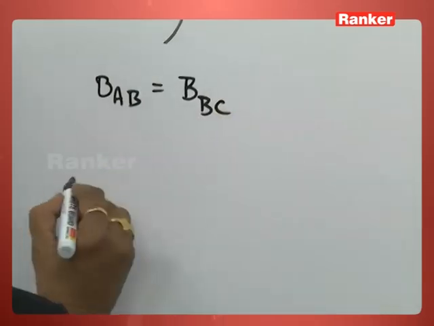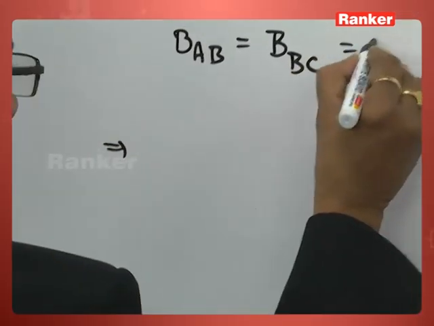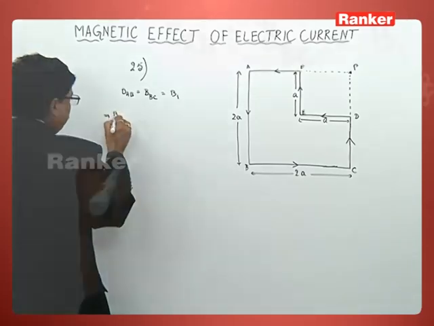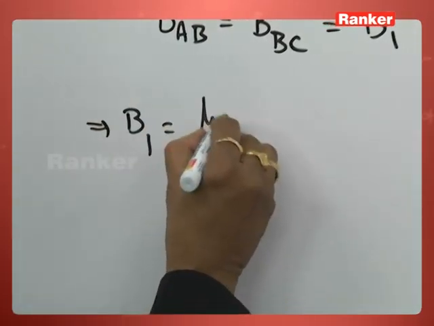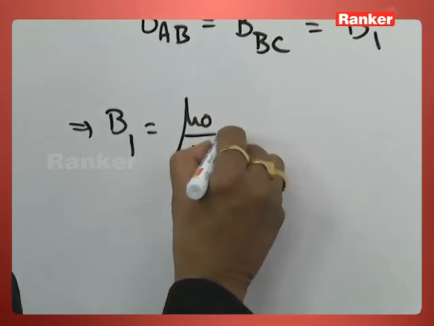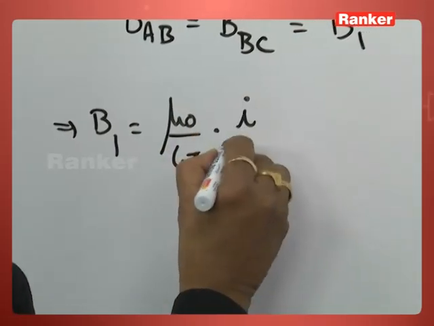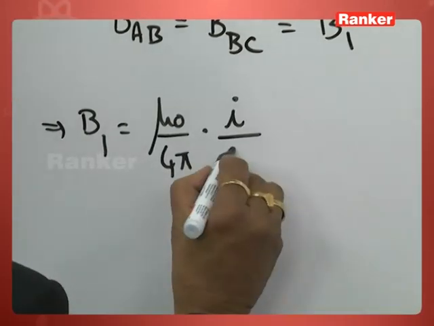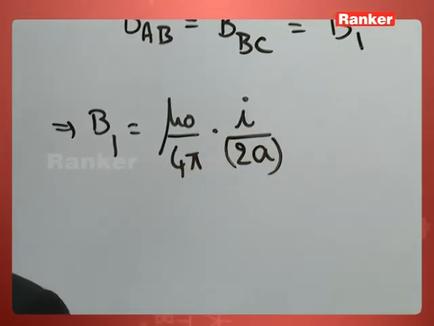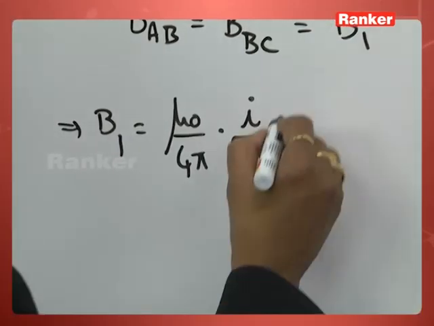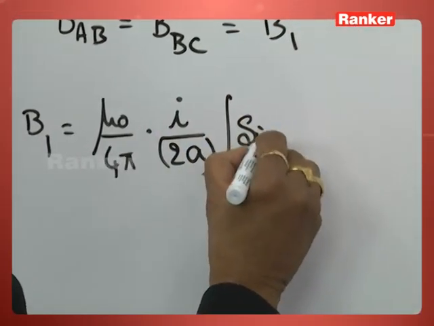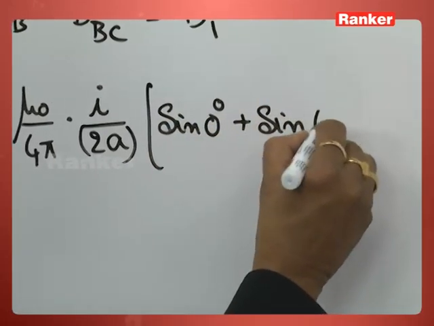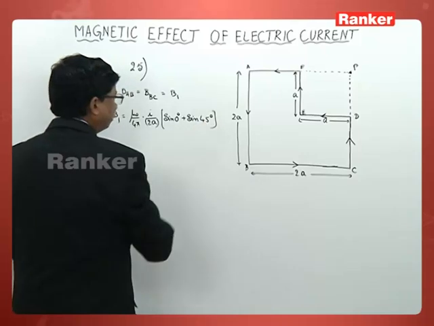These two are equal to what? They are equal to, this implies, this I write as B1 now. B1 is equal to mu naught by 4 pi I by R. R is going to be 2a, the distance, into one angle will be 0 degrees and another angle will be 45 degrees.